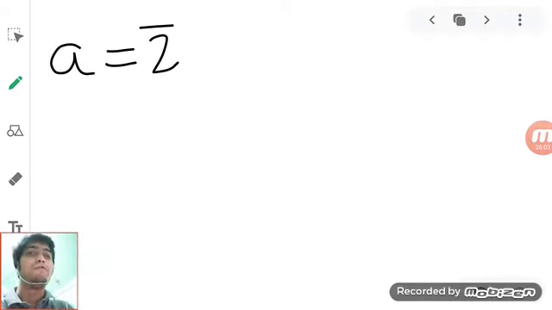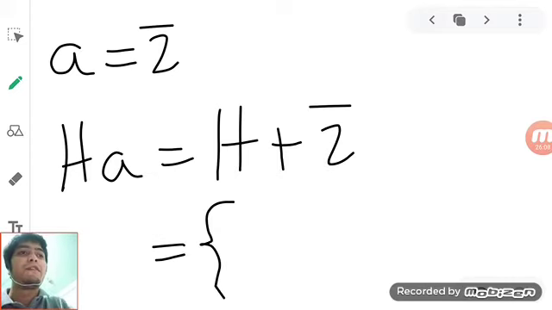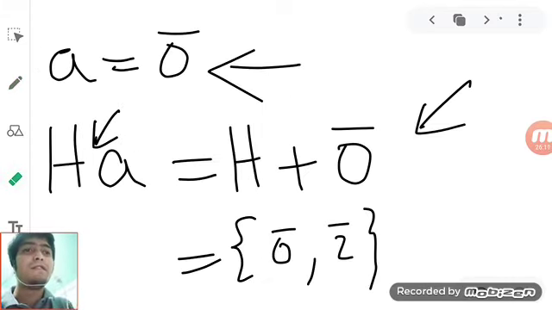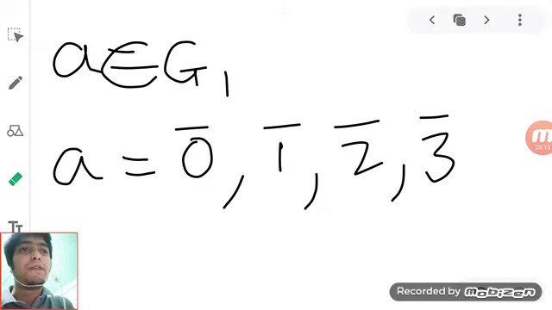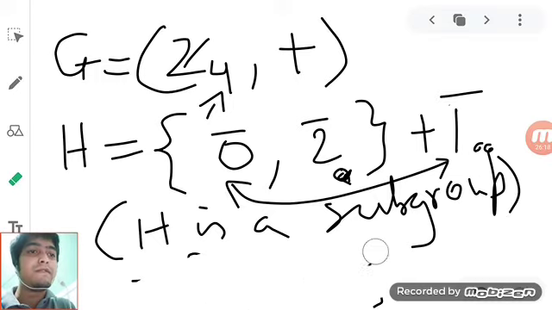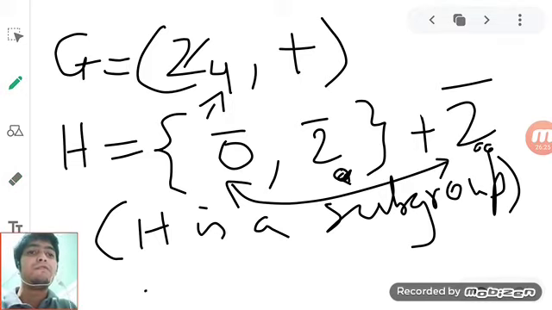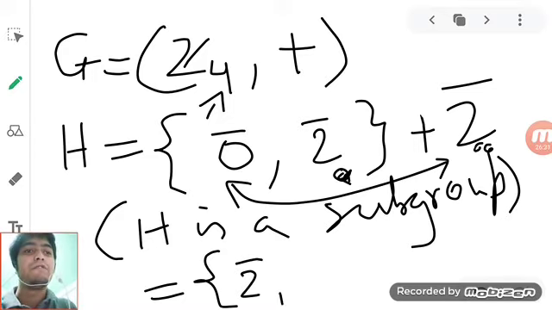Maybe A equals 2 bar. HA will be H plus 2 bar. Let us calculate that one. 0 plus 2 will give you 2, divided by 4, remainder will be 2. 2 plus 2 is equal to 4, divided by 4, remainder will be 0.